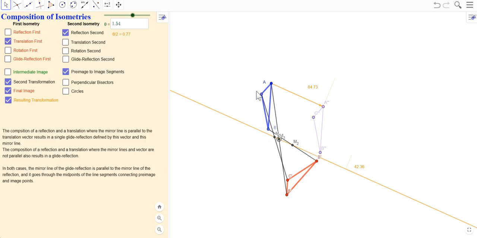No matter which points you pick here, the midpoints of those little line segments would be on that same line. To go back and see what this would be, you could take the final image reflected over that mirror line to get this image here, connect from A to what I'm calling a triple prime here, and that will be your vector. And so you can see that here.